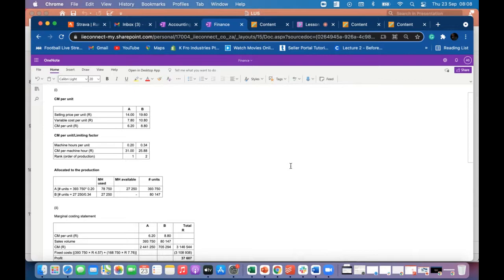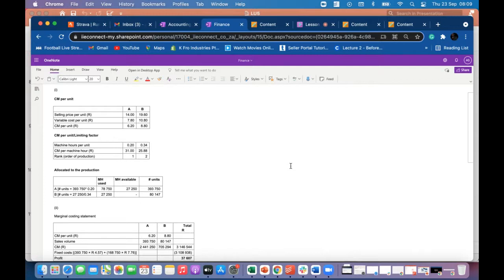Then the second part is prepare a marginal cost statement, in order to establish the total contribution of each product and the net profit for the period based on the selling quantities in I. Then the last bit there is calculate the production quantities of A and B, which would fully utilize both machine capacity and direct labor.